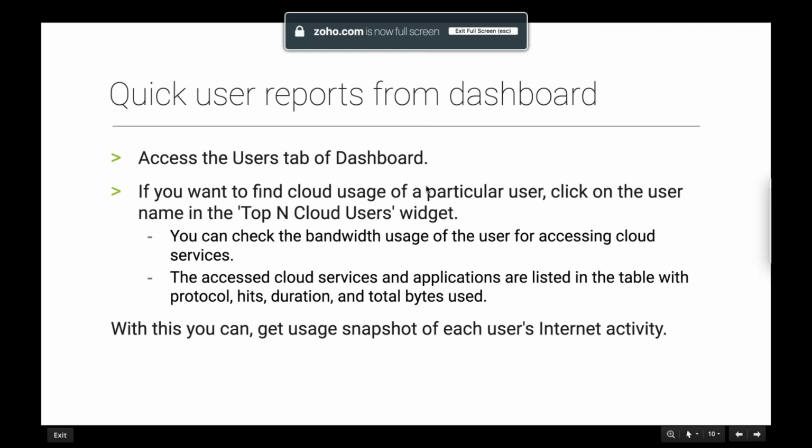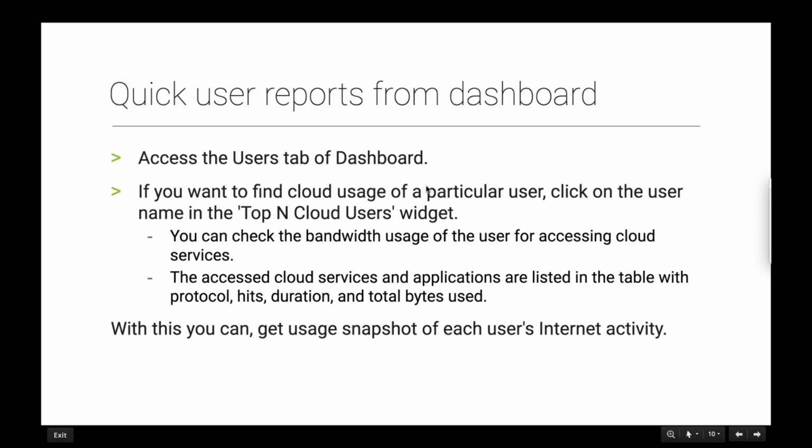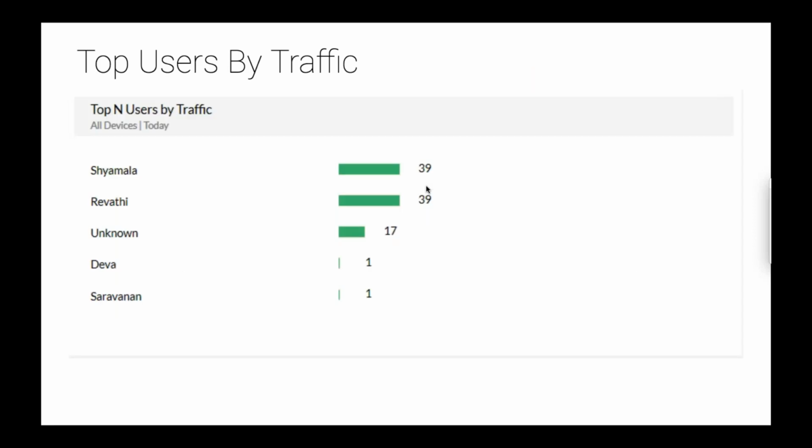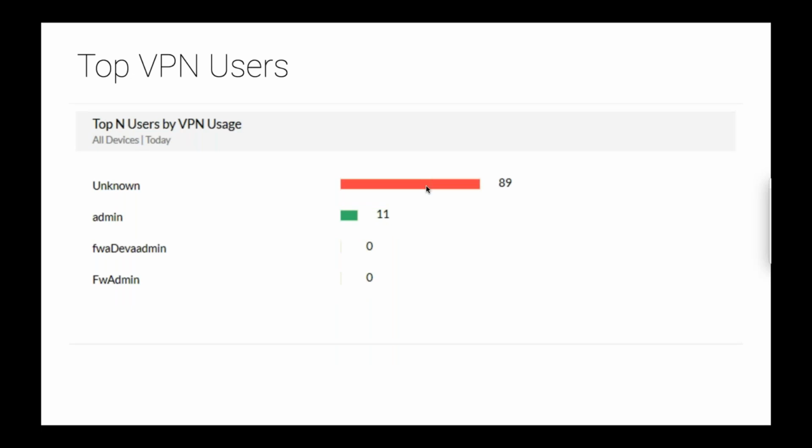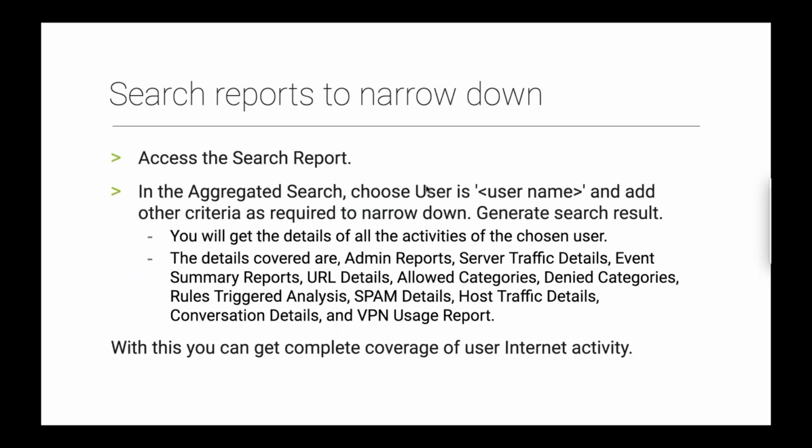This user-based drill down gives an in-depth snapshot of each user's internet activity, and that lets us know if those activities are business-centric or non-business-centric. Based on that, the firewall admin can write rules to prevent activity if it is non-business-centric.